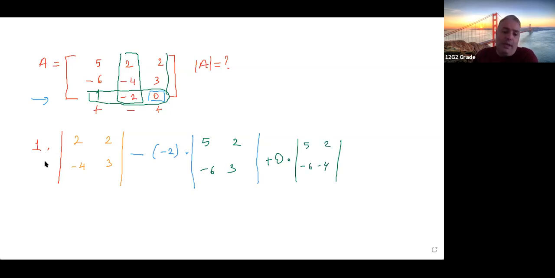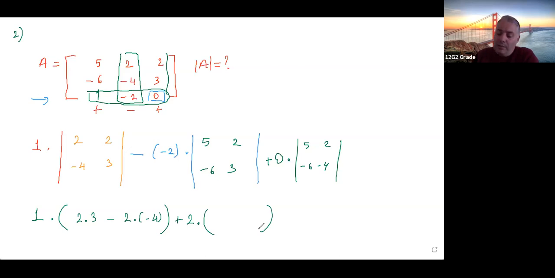And then what will be? 1 times, as I did in the first question, 2 times 3 minus 2 times -4. Minus and minus plus 2 times, and then what will be?